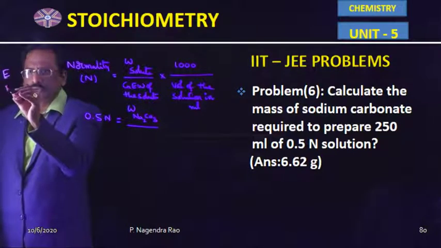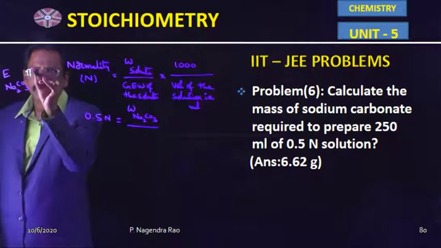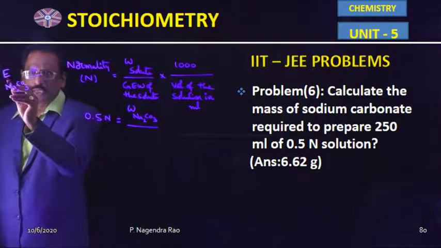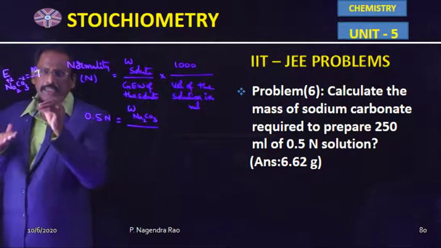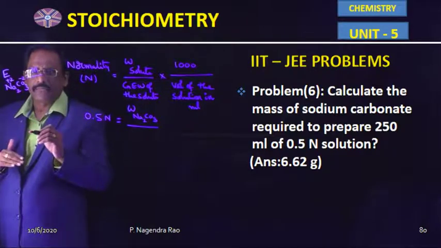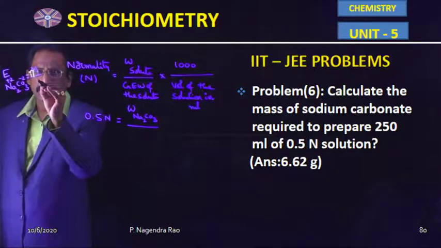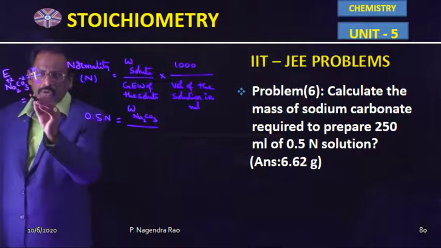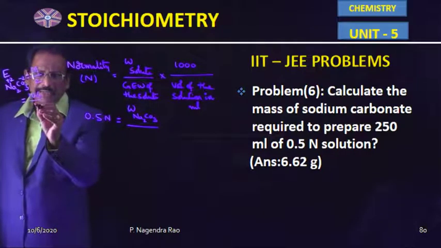The equivalent weight of sodium carbonate, it is a salt, is equal to the molecular weight divided by the total positive charge or negative charge in this given salt. Here the total positive charge or negative charge is 2. Therefore the equivalent weight of sodium carbonate is 106 divided by 2, that is equal to 53.